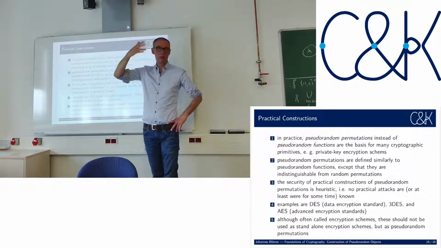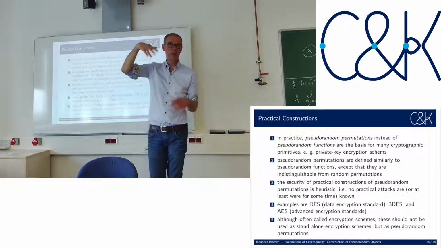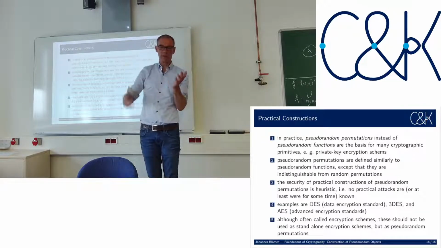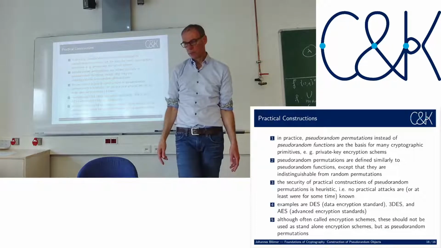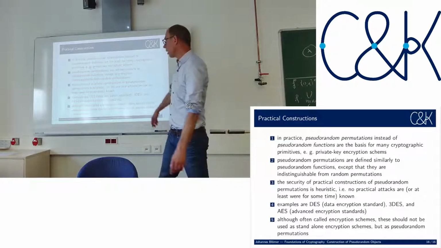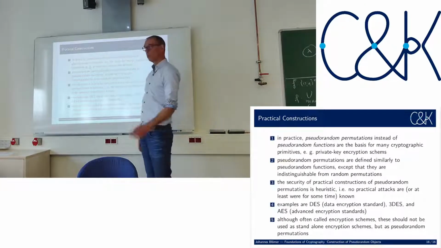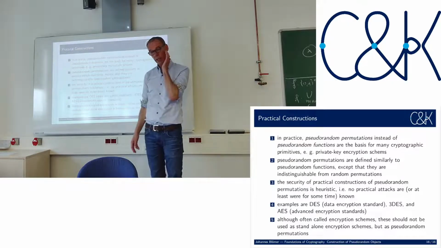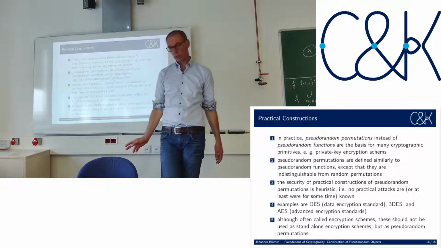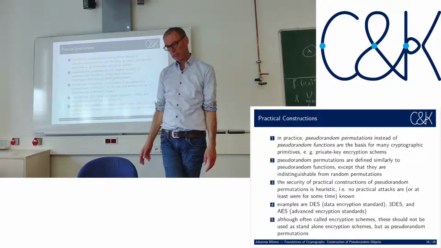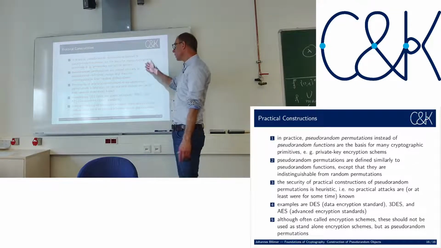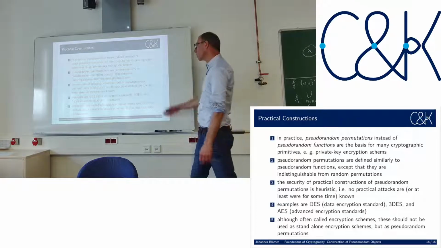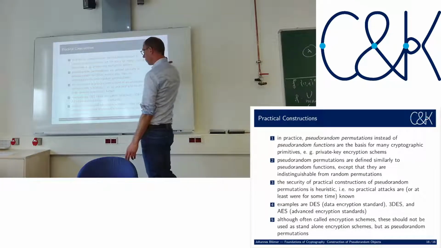You can imagine what pseudorandom permutations are: length preserving, and on each length restriction on the inputs they are permutations. In particular, symmetric or private key encryption schemes are usually based on pseudorandom permutations in practice. They are defined similarly to pseudorandom functions, except that they are indistinguishable from random permutations.